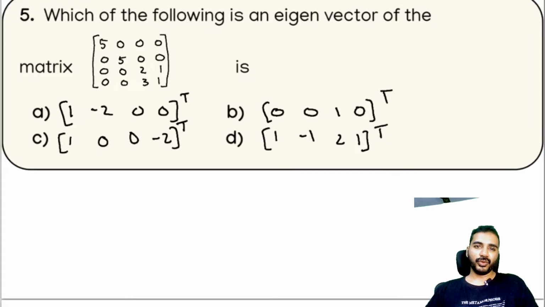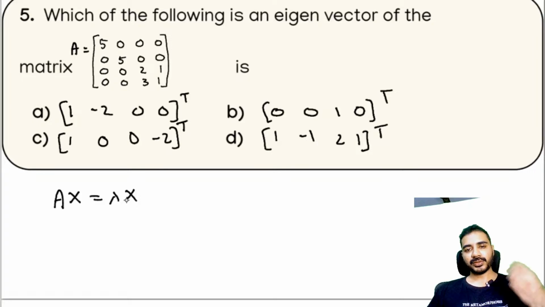In order to find that, let me say this is matrix A. For an eigenvector x, we can write Ax equal to lambda x. So just multiply A with the given options. That's the easy method here.